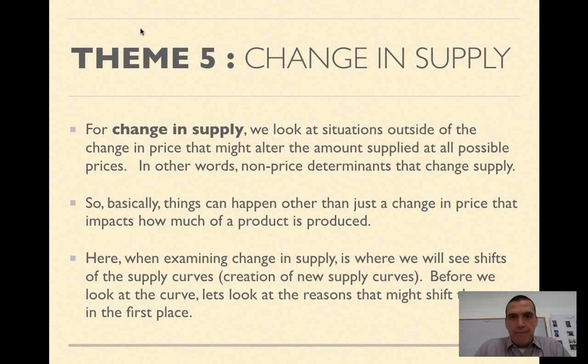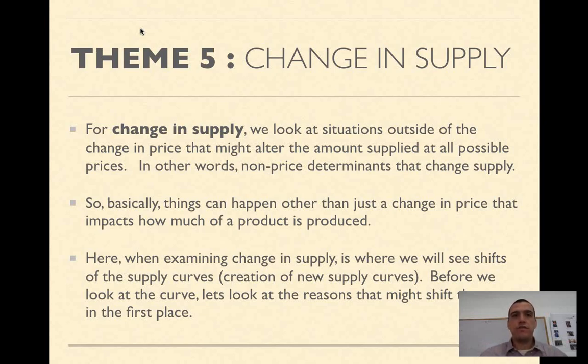in supply. So if you remember yesterday, we talked about the change in quantity supplied. And that had to do with changes in price. So when the price changes, the quantity supplied changes, and there's no shift in the curve. It remains the same. Today, we're going to talk about the change in supply. So we look at situations outside of the price that might alter the amount of supply of a product at all possible prices.